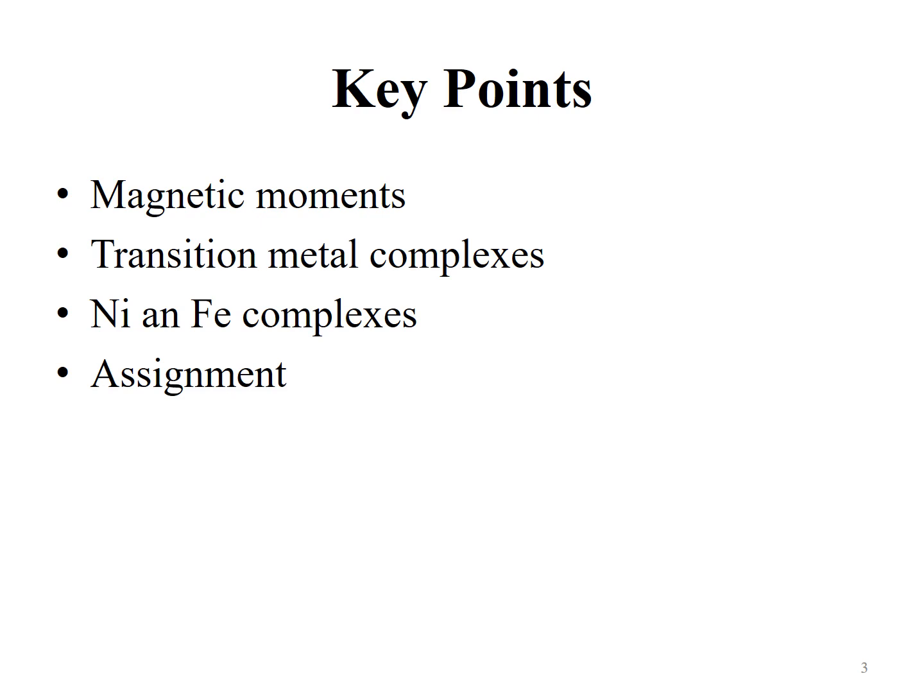Then we shall have some particular examples, that is nickel complexes and iron complexes, their geometry, their electronic configuration, and we will be able to get a very clear picture about magnetic studies of these complexes in this lecture.